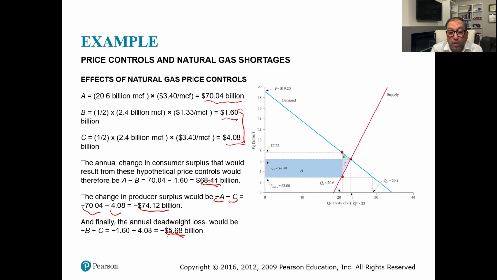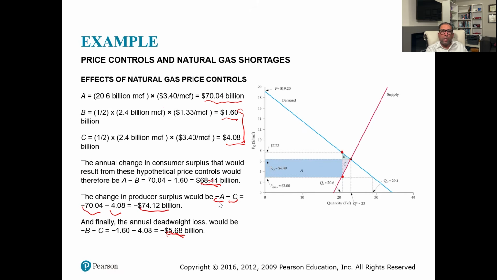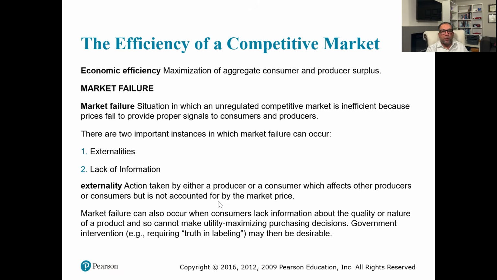That is the same as the triangles. So economic efficiency is the maximization of aggregate consumer and producer surplus. Economic efficiency for society and the economy means that consumer surplus and producer surplus should be maximized. But maximization is not possible when the government intervenes by setting prices, or when there is a market failure.